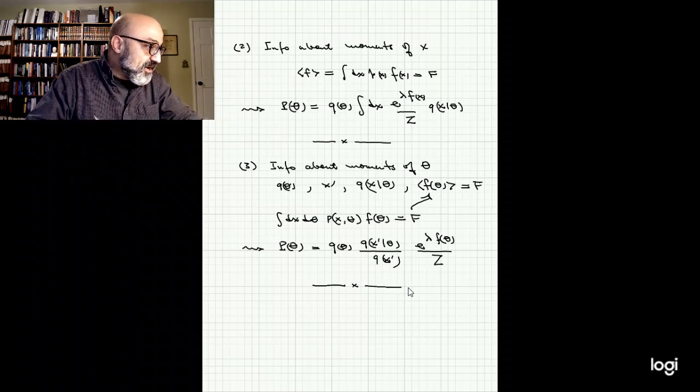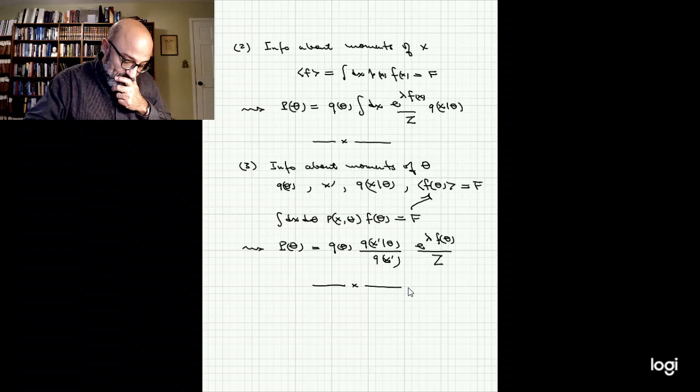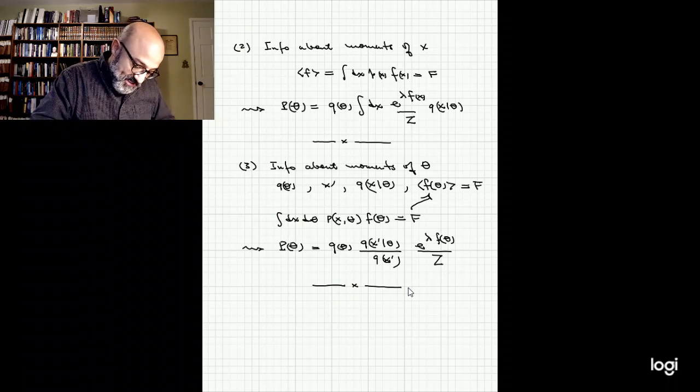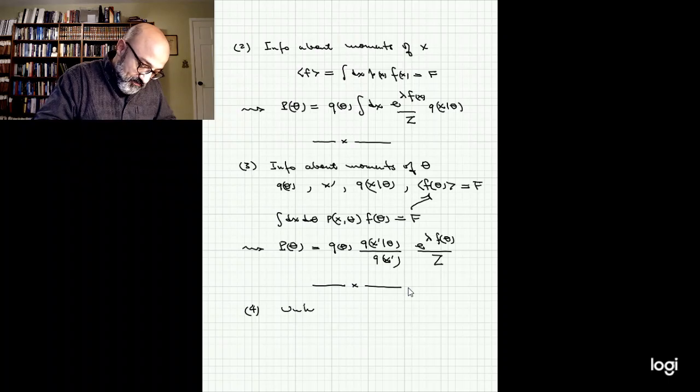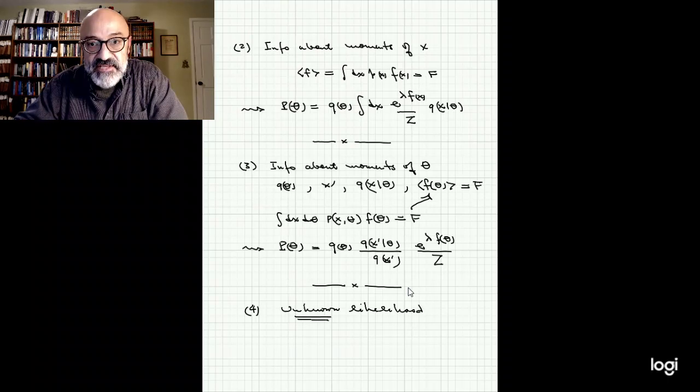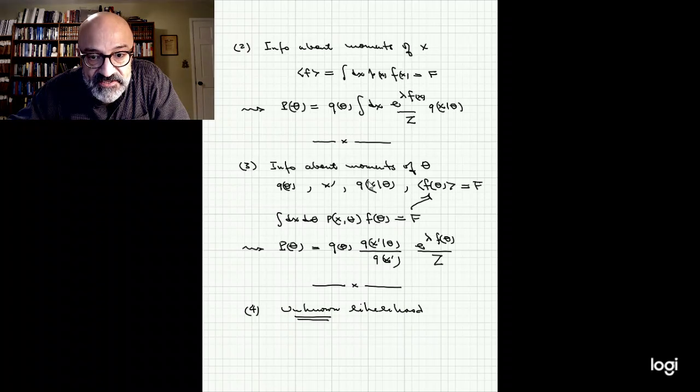Let me give you one more just to point out where we're going here. Suppose that, and this is the last one I'm going to give you, you have an unknown likelihood. Now, in all of this, the likelihood has been essential because you're going to make inferences about theta on the basis of x's.